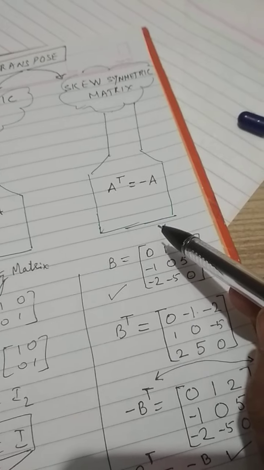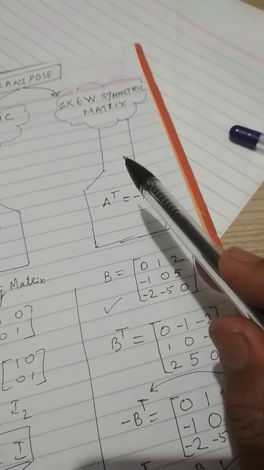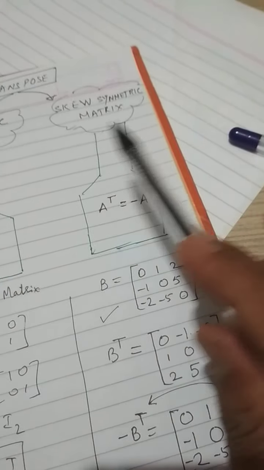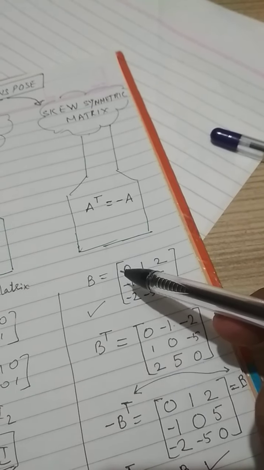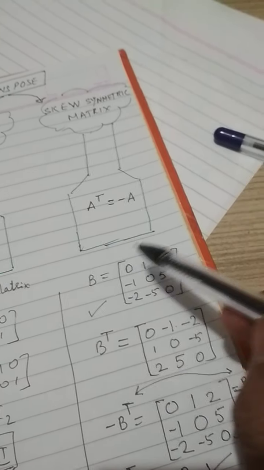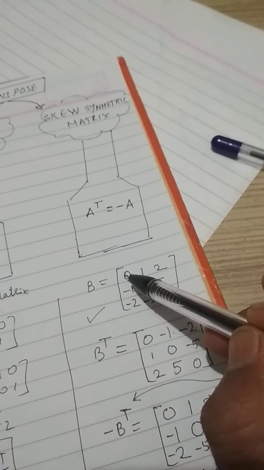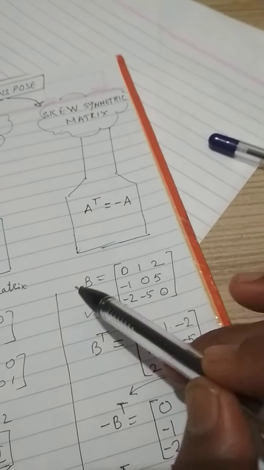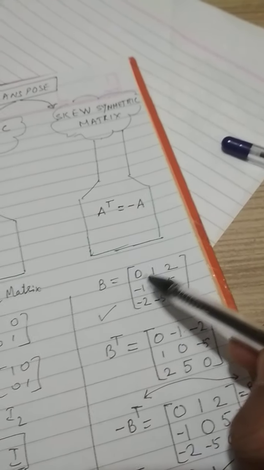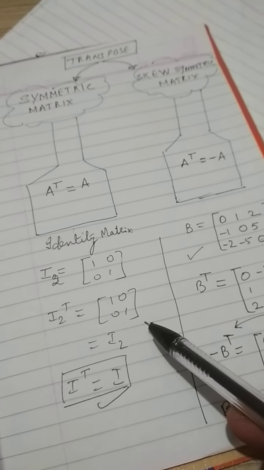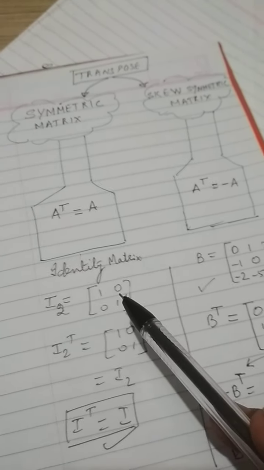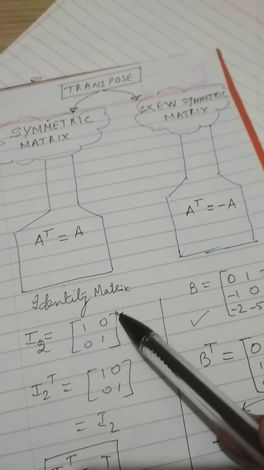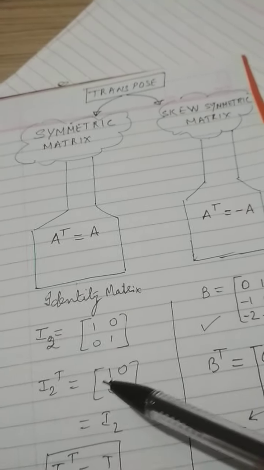One important note I want to make: you can see any kind of example of a skew symmetric matrix, and you can note, very importantly, that its diagonal elements are always 0. In a symmetric matrix, whatever the diagonal elements may be, the non-diagonal elements are symmetric with respect to each other.